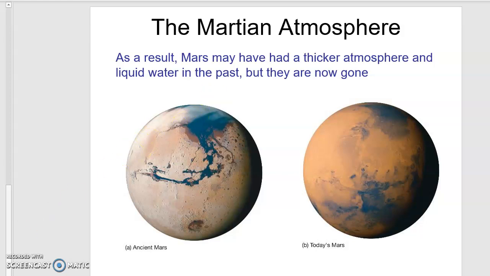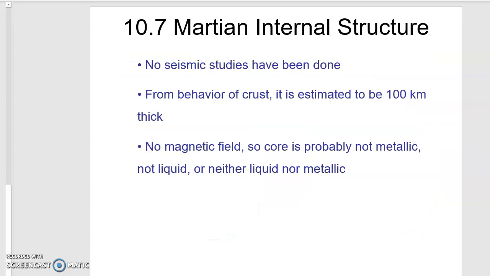I don't know. Now this is important. There was no evidence of seismic activity on Mars, but at the time of writing this book, there hadn't been any seismic studies done. Some are underway now with very limited success. One of the things I just recently read about was that the Martian soil is just very weird.